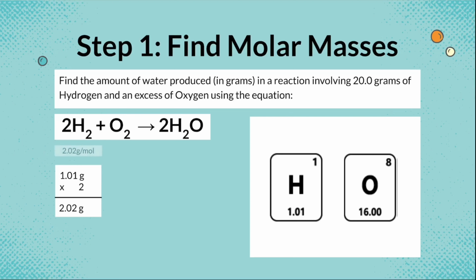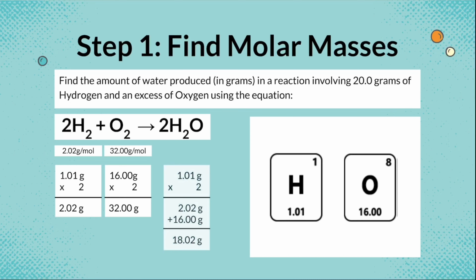Now we can do the same thing with O2, whose molar mass would end up being 32 grams, because 16 grams times 2 is 32. And finally, H2O would have a molar mass of 18.02 because we'd multiply 1.01 grams times 2 and then add 16 to it, which would get us to 18.02 grams per mole.